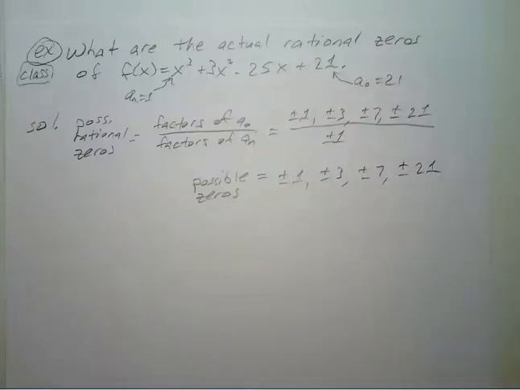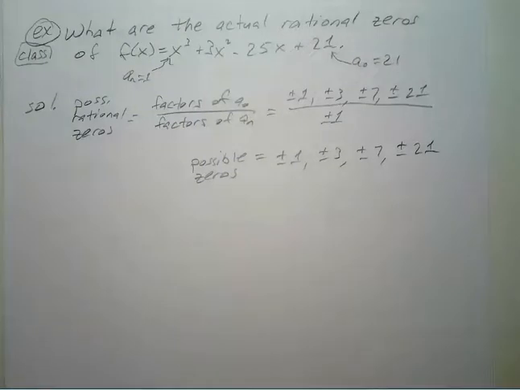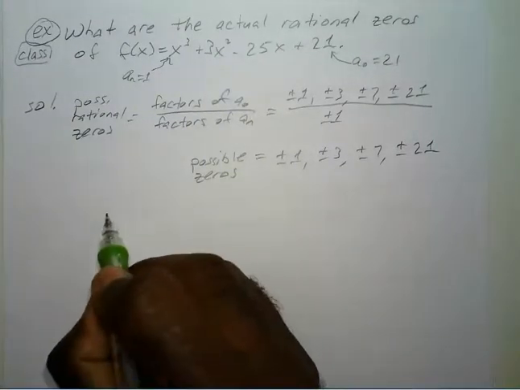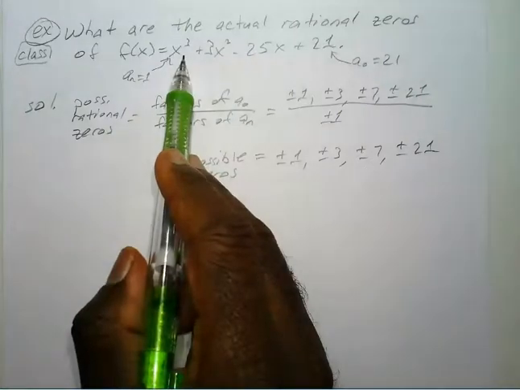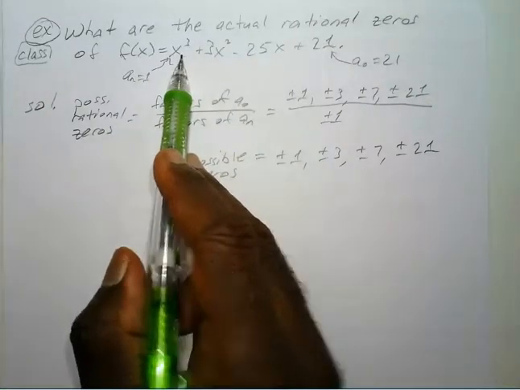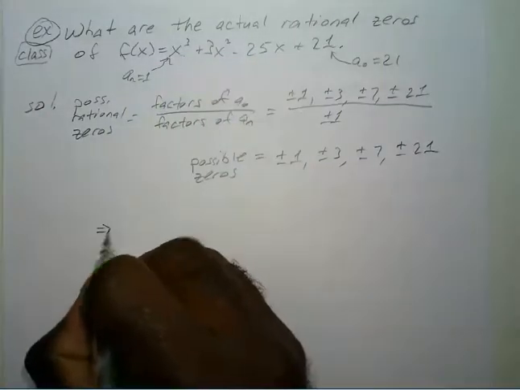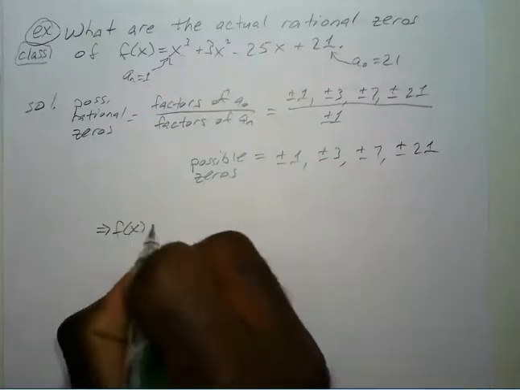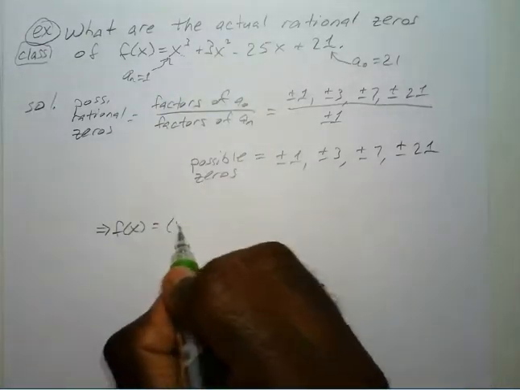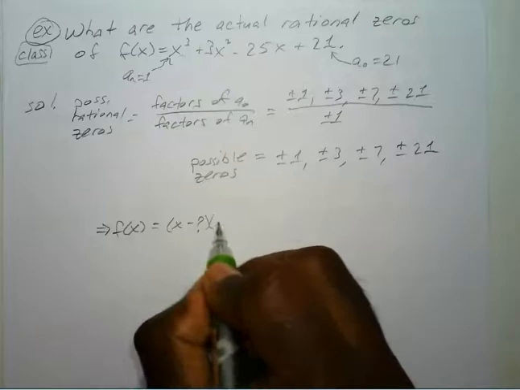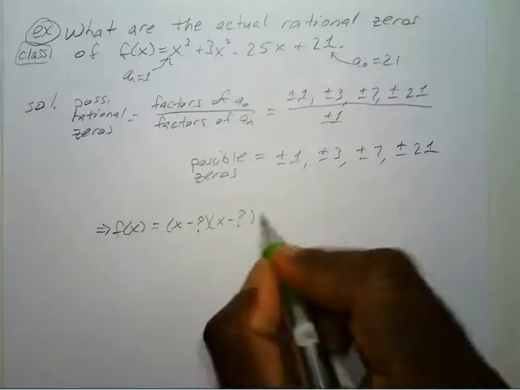Okay, so what if we start with k equals 1? It's pretty simple. Okay, so just the fact that this is a third degree polynomial, we know our f of x is going to equal x minus something times x minus something times x minus something.